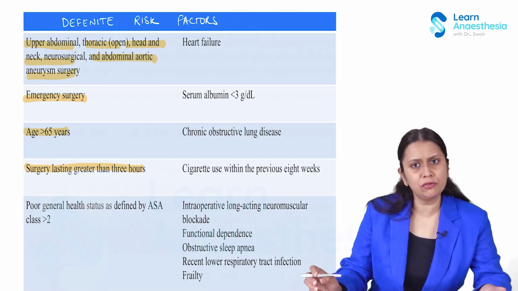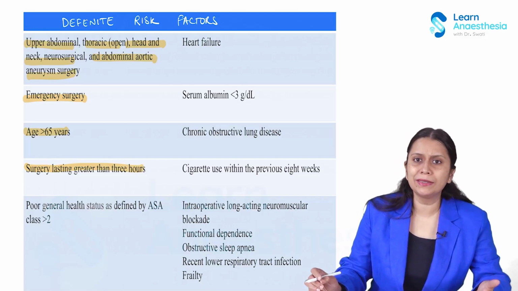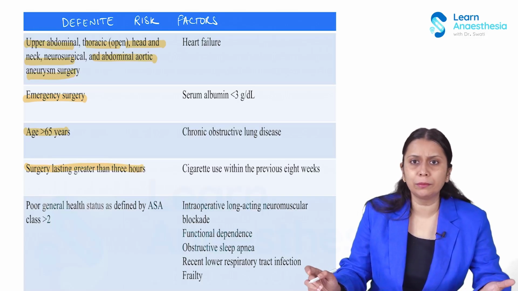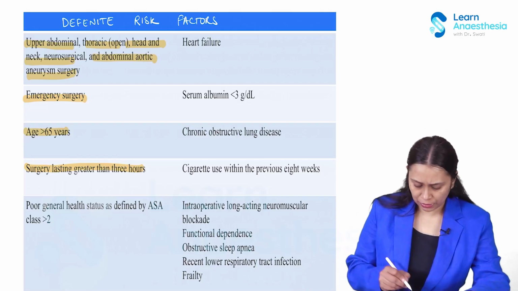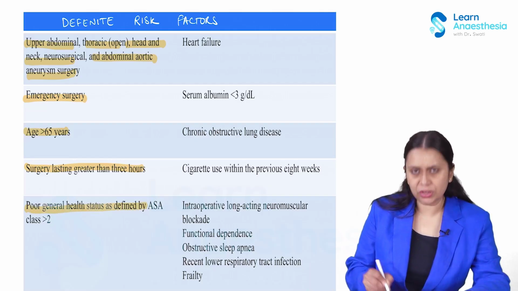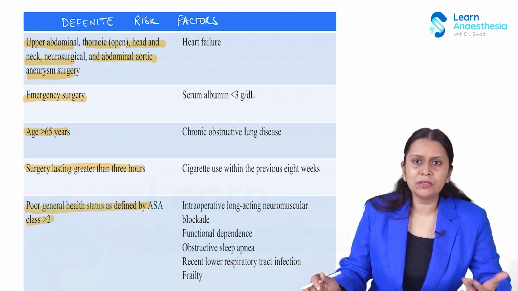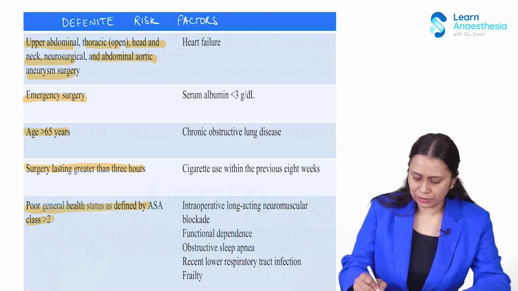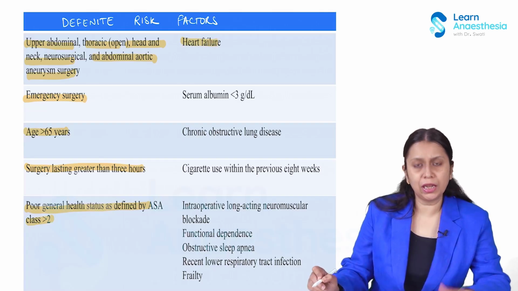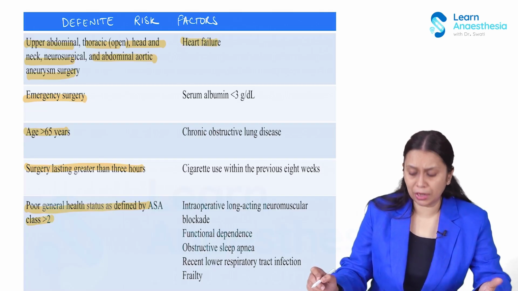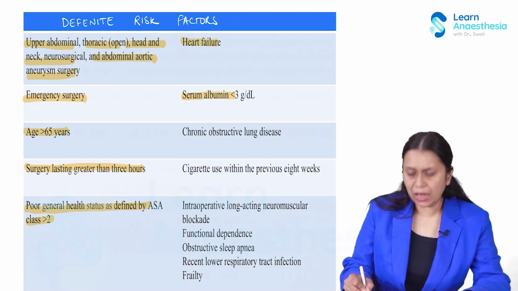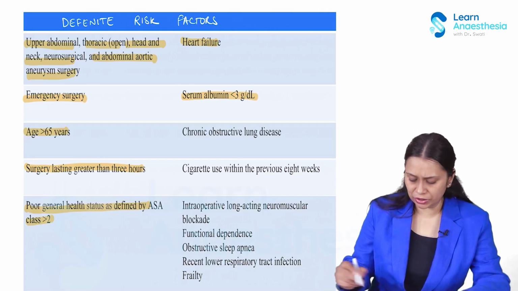The longer the duration of surgery, the more the risk of developing basal atelectasis and pulmonary complication. Poor general health status of the patient, defined by ASA grade greater than or equal to 2. The risk of pulmonary complication is more in patients with ASA grade 3 and 4. Then patients with heart failure are at a higher risk of developing lung complications. Low serum albumin level, less than 3 gram per deciliter.